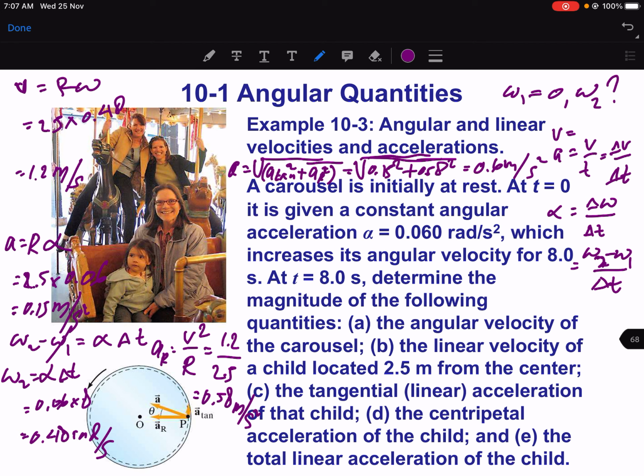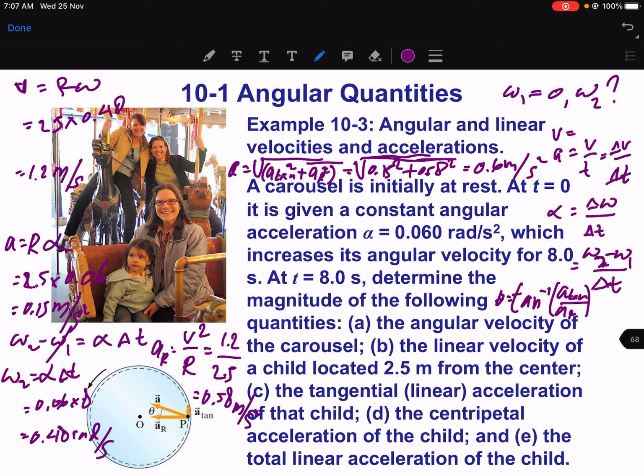You can also find the direction by finding theta. Theta equal to inverse tangent of acceleration of tangential over acceleration of centripetal.